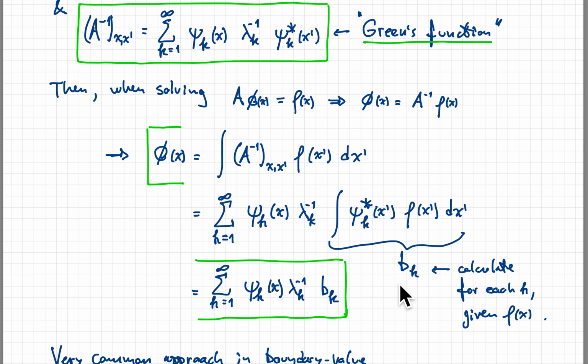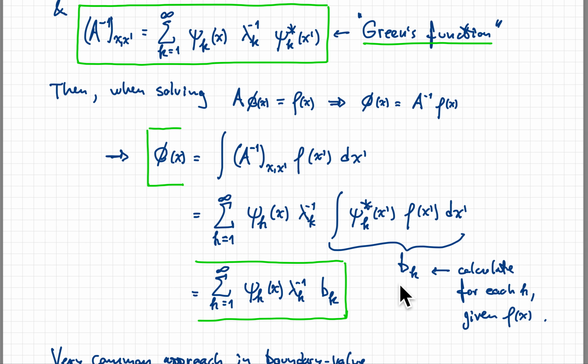And in practice, if you need to solve a problem of this type, then, assuming again that you know the eigenvectors and the eigenvalues of the operator in question, you go ahead and calculate this. You calculate this for as many k as possible, or you use Mathematica or some application that would allow you to calculate b k all the way to infinity, if possible, or as high as needed for the precision that you want.